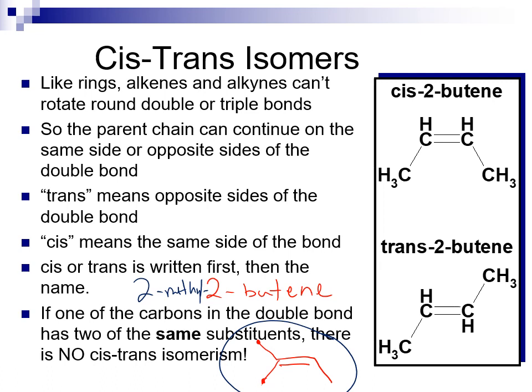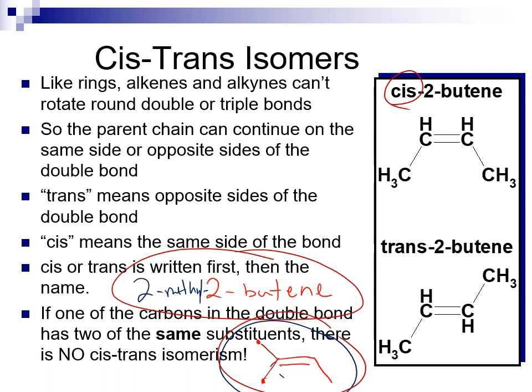If you're getting the same exact molecule, whether you consider the bottom one to be the parent or the top one, you get the exact same molecule when you draw it. And that means you don't want to have two names for the same molecule. So you don't need the cis-trans labeling, because whether you call it cis or trans, you'd still end up with the same molecule, which means you drop the cis-trans need of the naming.